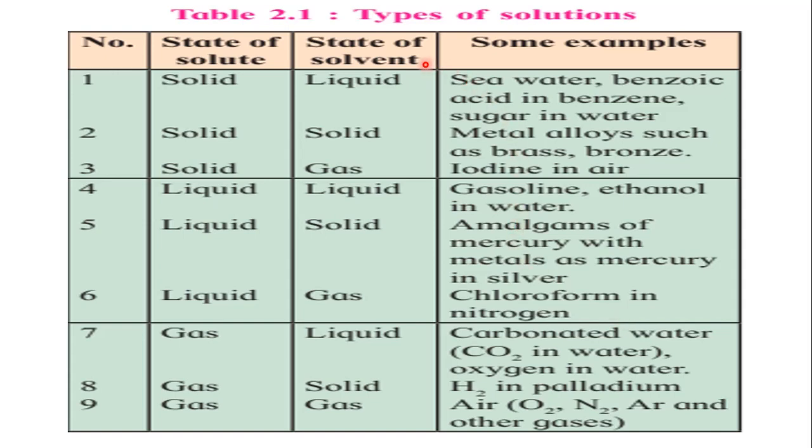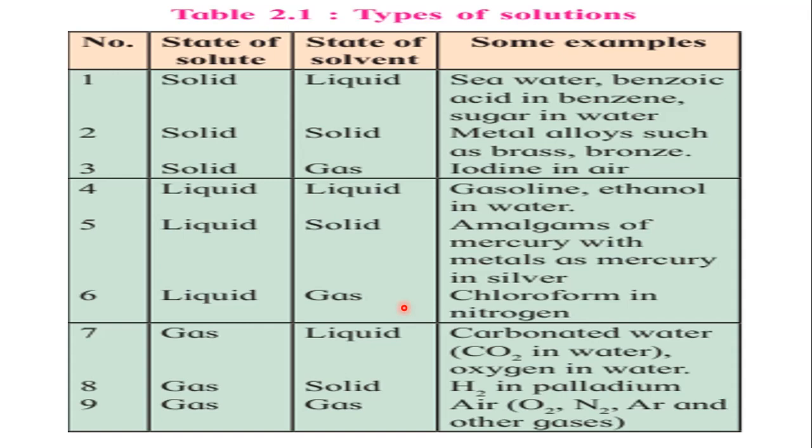Depending upon the solvent, solutions are again of two types: aqueous solutions and non-aqueous solution. If solute is dissolved in water, water is a universal solvent that you know, then such a solutions are called as an aqueous solution.